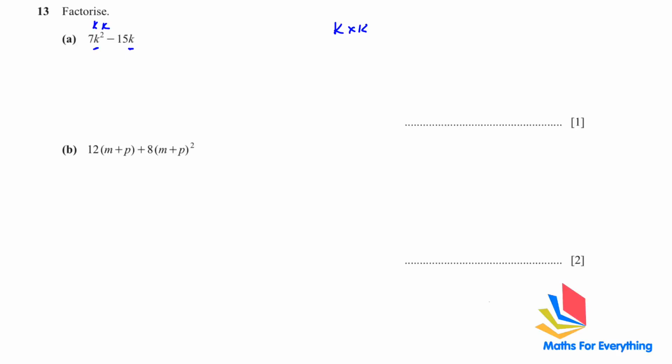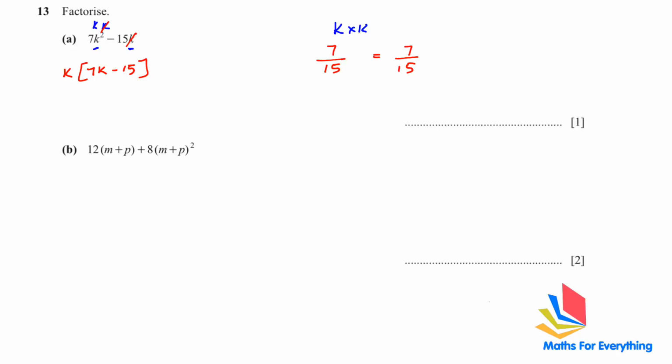And we are going to factorize the k out, which is common. So we remove the k out and we will be left with 7k minus 15. You must also check the number if 7 and 15 are common. In the calculator, write 7 over 15. And you will be left with 7 over 15. That shows that nothing was common.